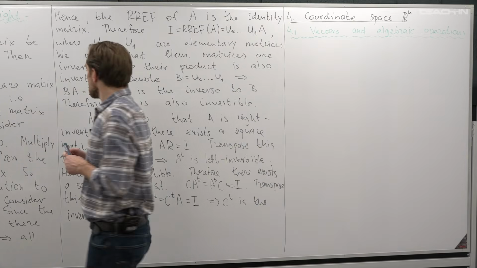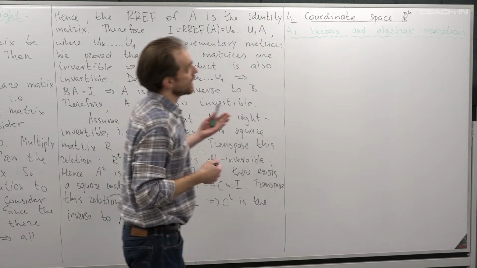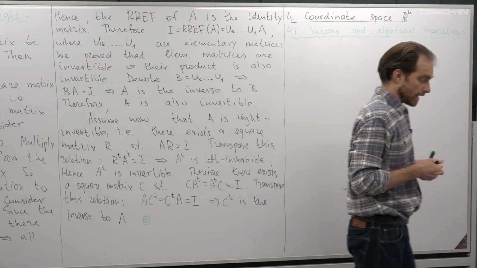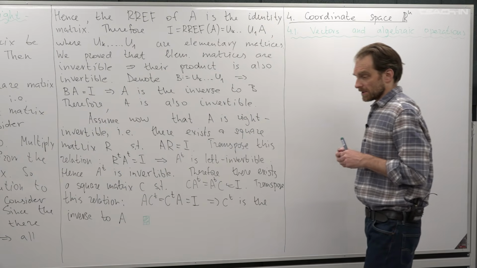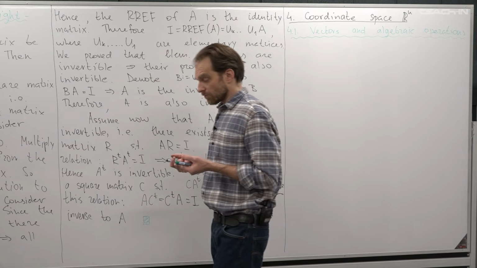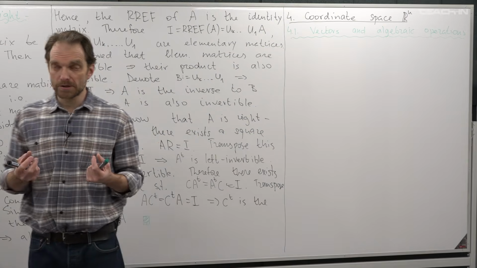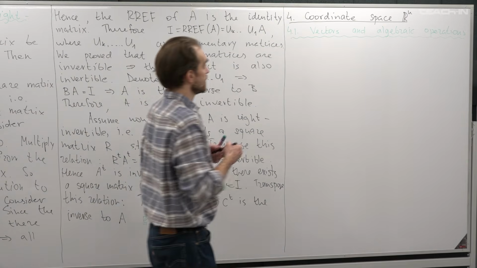Okay, so what is the space R to the n? If we consider it as a set, it is just the Cartesian product of the set of real numbers by itself n times.